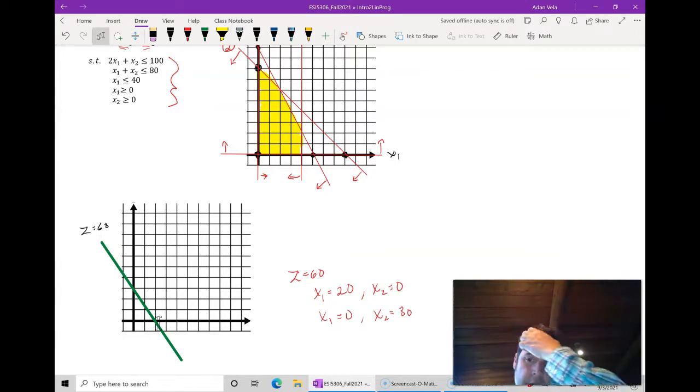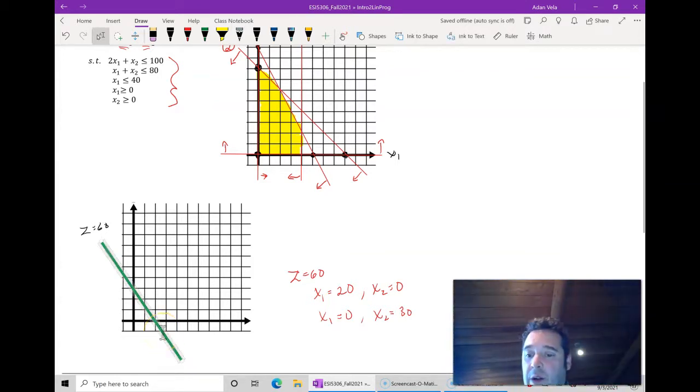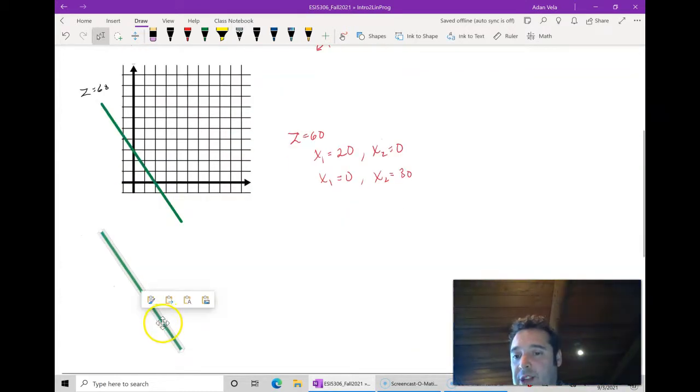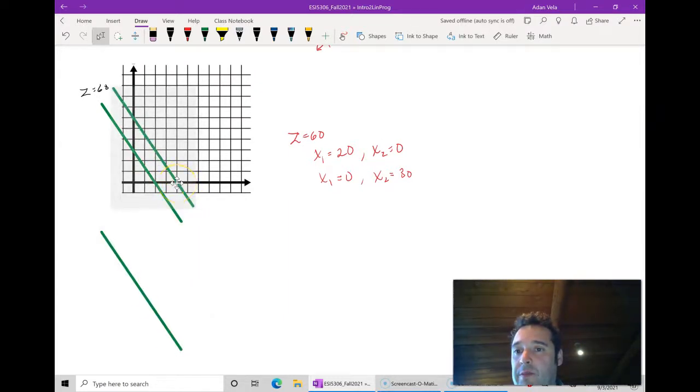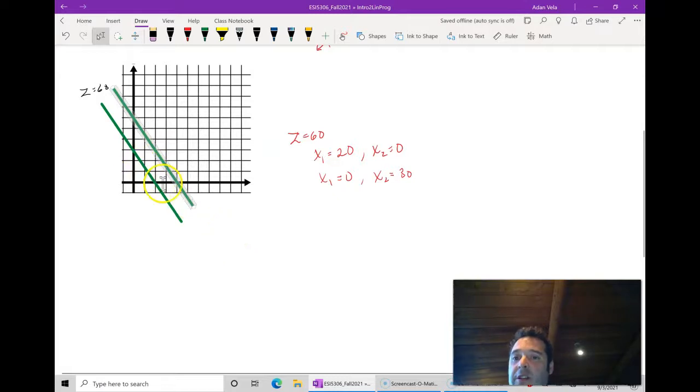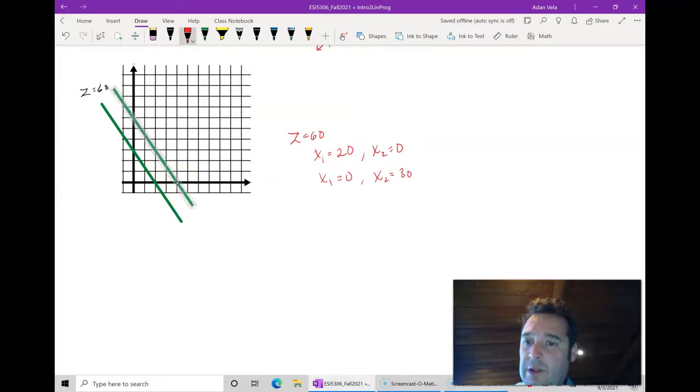Okay. Now as we move the objective function over, here we're at 50 for x1. So I'm going to draw this point.